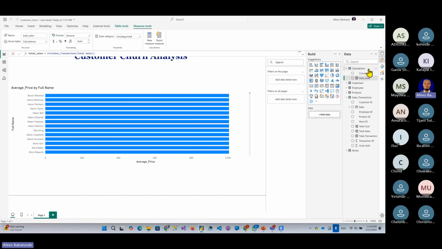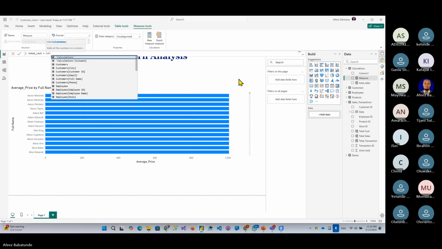And then you can create another measure called total cost, equals to sum of this total cost here.